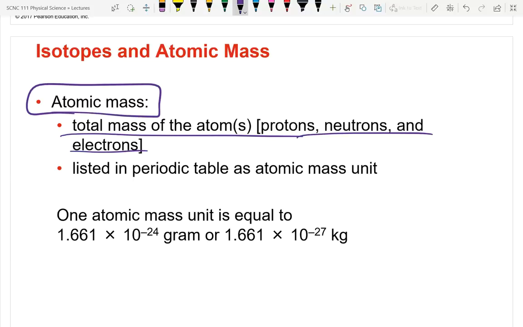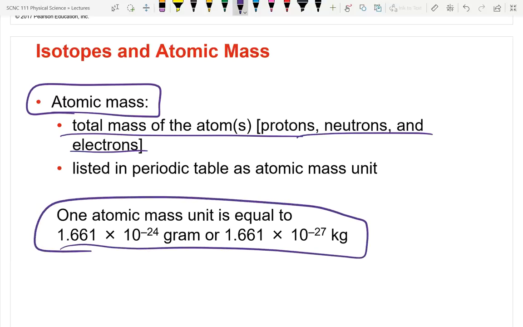So we just add them up, and we say each proton and neutron has a mass of 1 atomic mass unit. The atomic mass unit is a nice, easy way to say we're counting protons and neutrons. Converted into standard units, one atomic mass unit is 1.661 times 10 to the minus 27 kilograms.